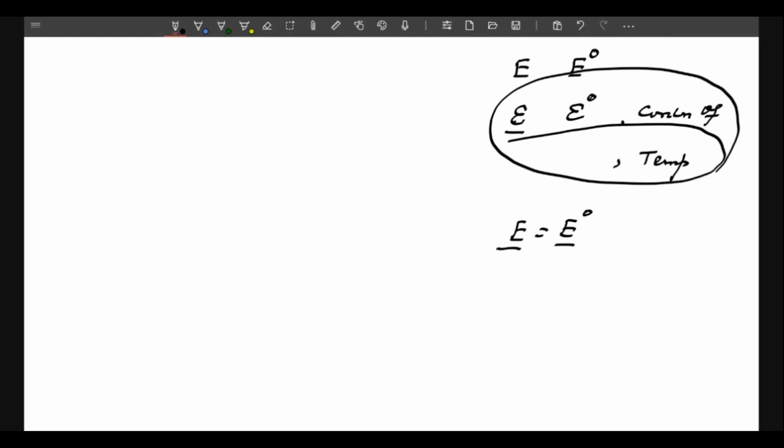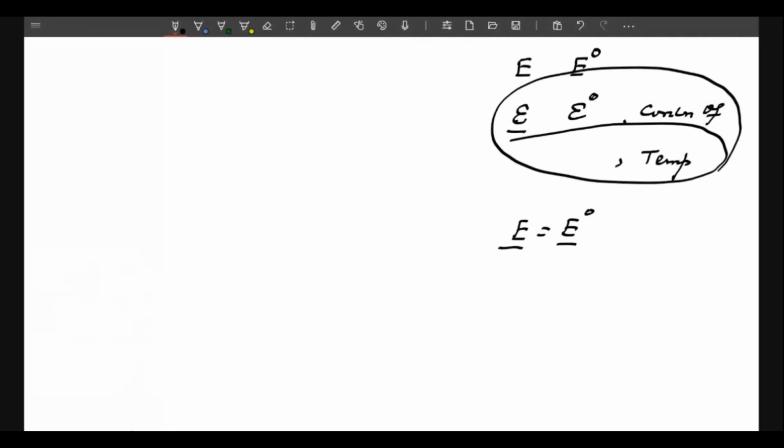Shall I derive it, or straight away give the final equation, because we are going to use only the final equation for further calculation? I think it is sufficient to take the final derived form of the Nernst equation. Final equation only, sir. Okay, thank you very much.